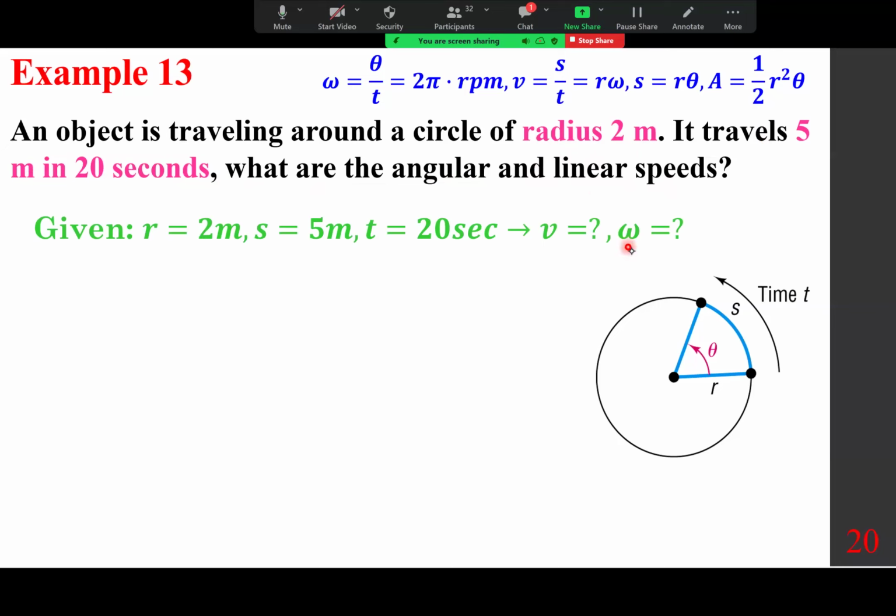You want to find V and omega. V is S over T. Do we have the S? Yes. Do we have the T? Yes. 1/4 meters per second.